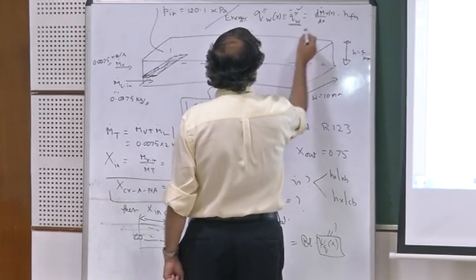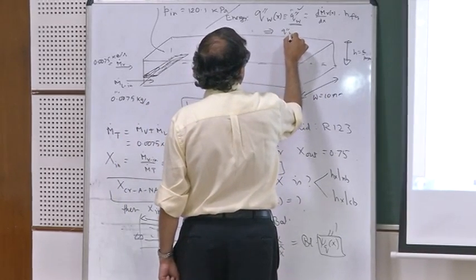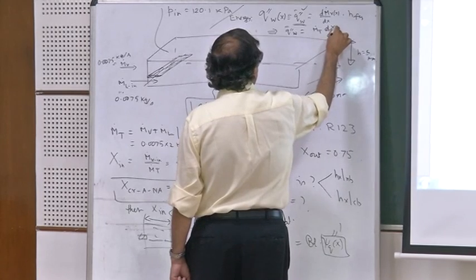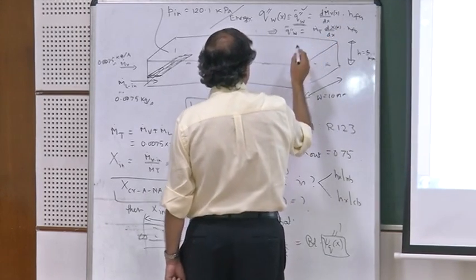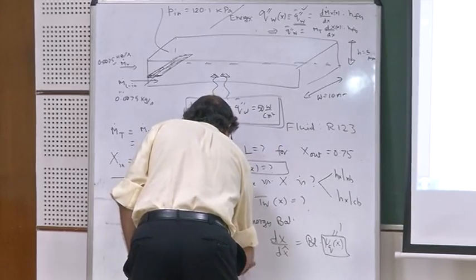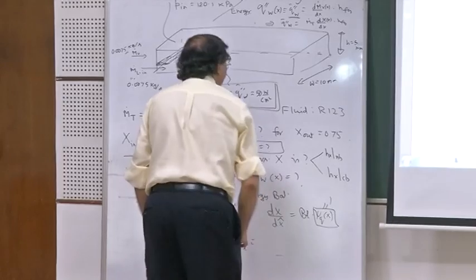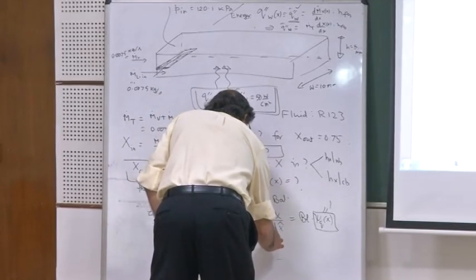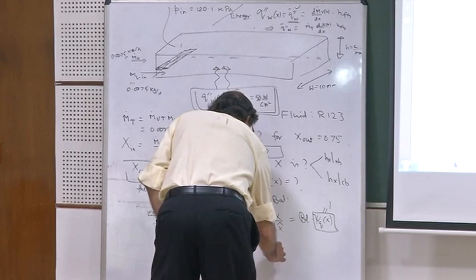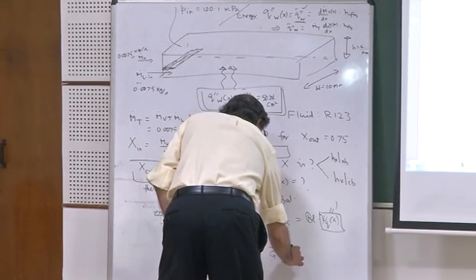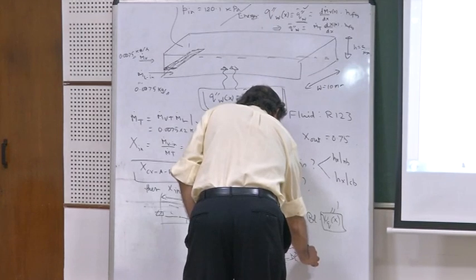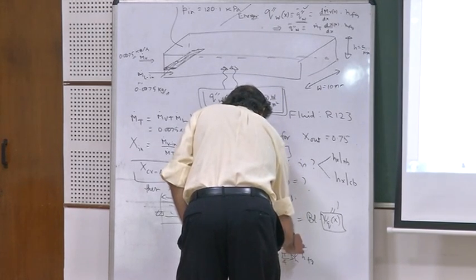This implies Q double prime wall bar equals m dot total times dx times HFG, and that tells you that dx is equal to Q double prime wall bar by m dot total, which is G times pi by 4 d hydraulic square, and HFG, and I can write this as x caret with d hydraulic here.